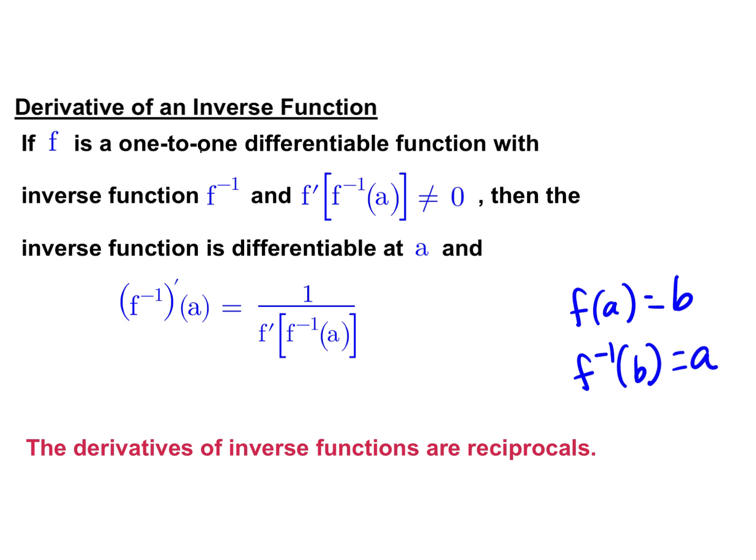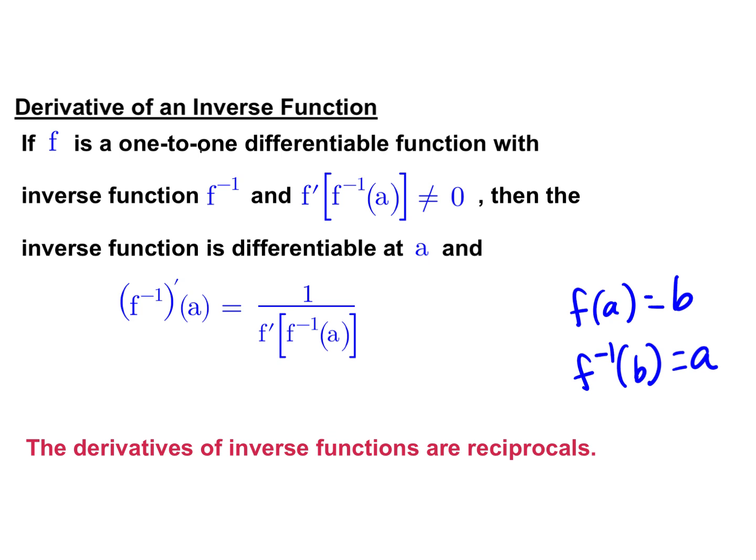Those numbers switch for the inverse. We switch the x's and y's, and that's where we come up with the inverse function, generally speaking. So this relationship is going to be really important in order to find the derivatives of inverse functions.